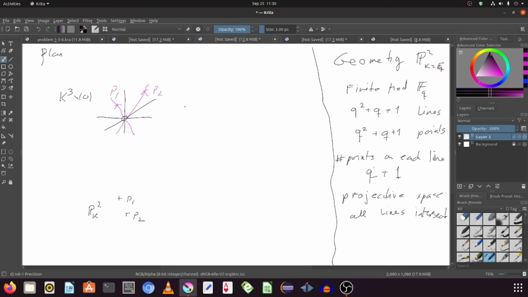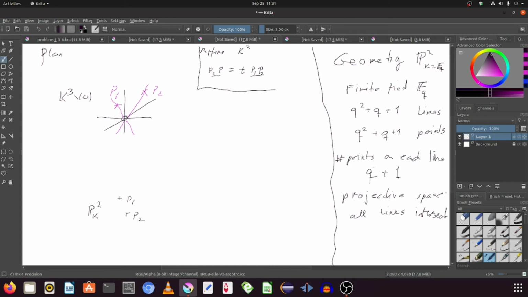So the parameterization we have in the affine plane is P = P1 + t P1P2. Which doesn't give, of course, the point at infinity.